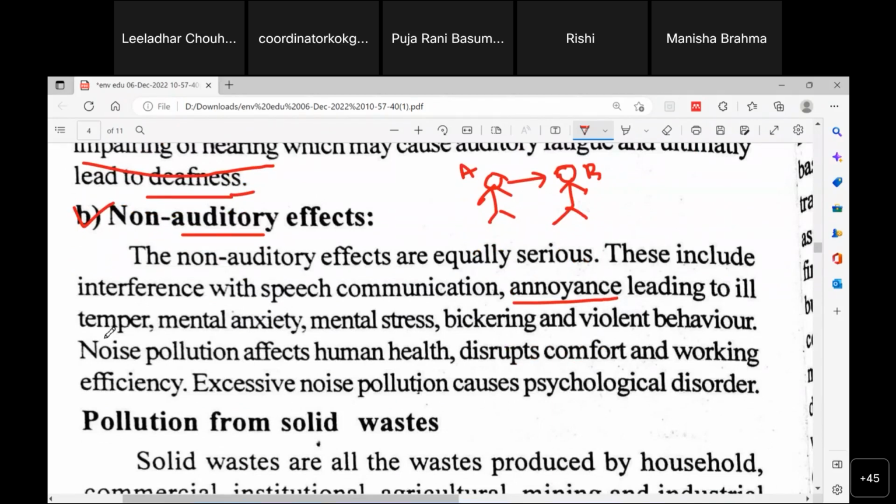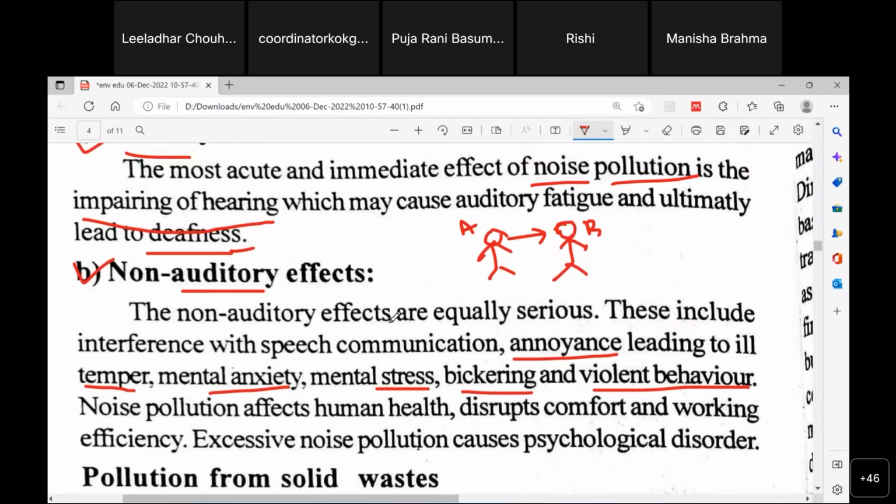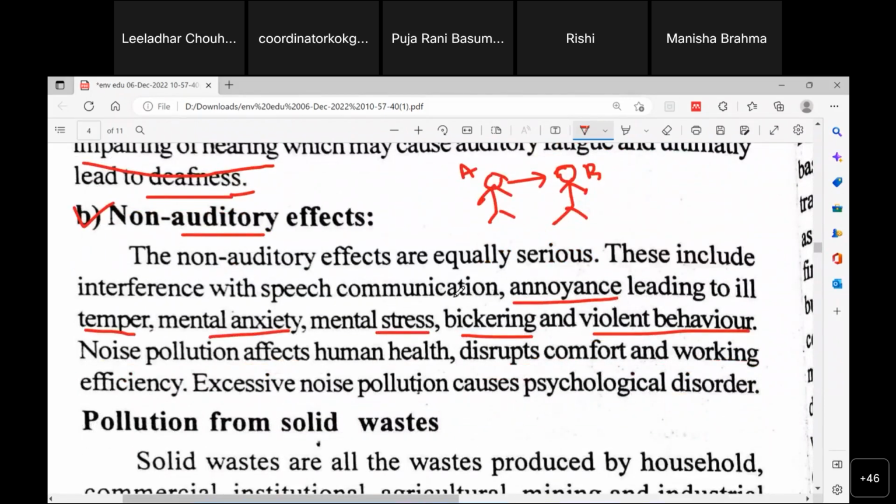Non-auditory effects are that interference with speech communication leads to ill temper, mental anxiety, mental stress, bickering, and violent behavior. Researchers have shown that people exposed to high noise pollution have these kinds of problems coming up unknowingly.